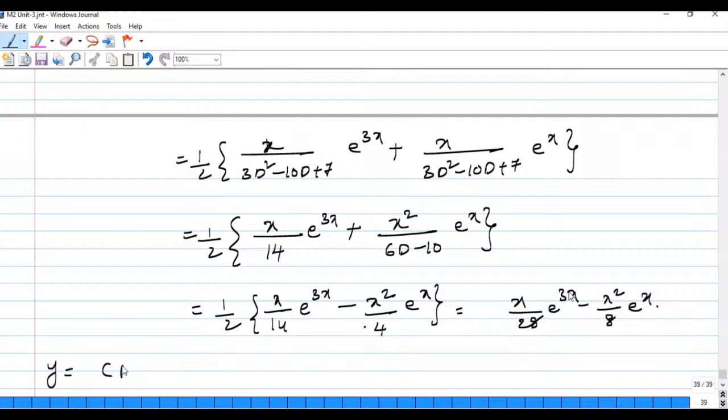Therefore, finally, the complete solution is complementary function plus particular integral.